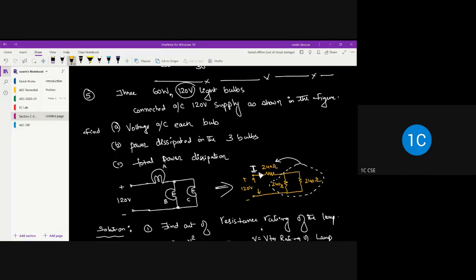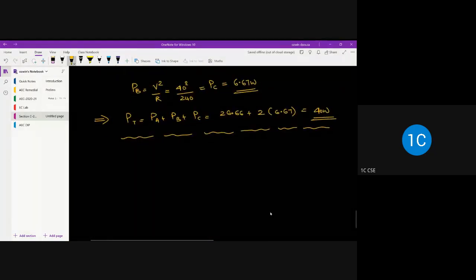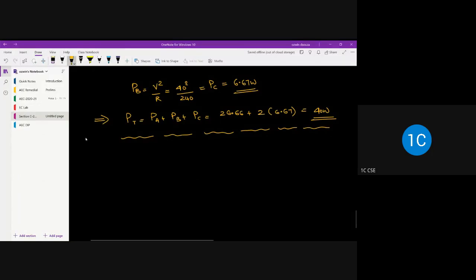Okay, fine. So let me solve the last problem for the day. And today I will float the quiz. Sixth problem. Interesting problem.